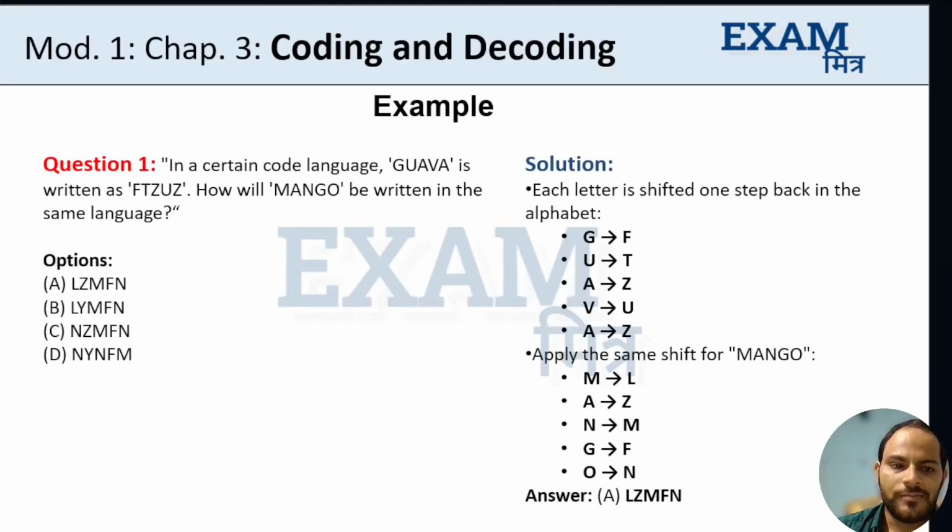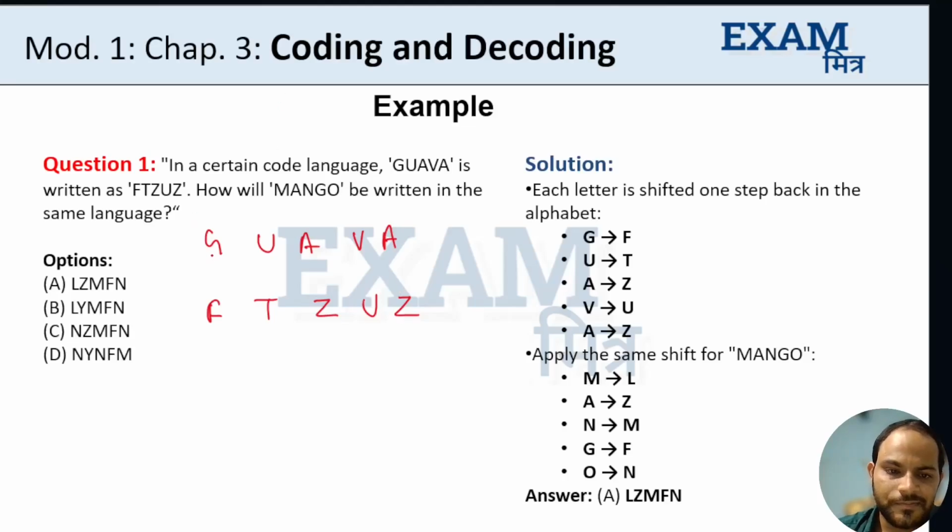Let's see this example one. In a certain code language, guava is written as FTZUZ. So see, GUAVA. This is the original language, and this has been coded to FTZUZ. So write in a well organized manner so that you can know the code.